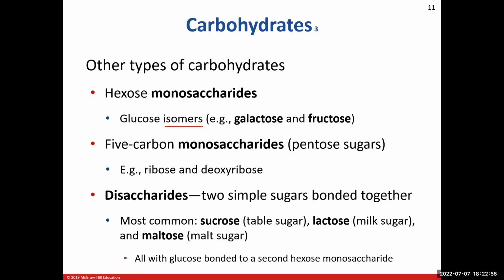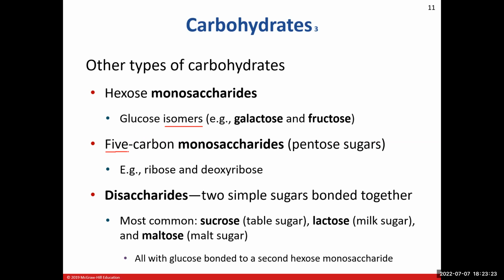They appear different, but they have the same number of hydrogens, oxygens, and carbons. Then we also have another type of monosaccharide, our ribose and deoxyribose, which are our pentose sugars. Pentose means 5 carbon, so these are our 5 carbon sugars.